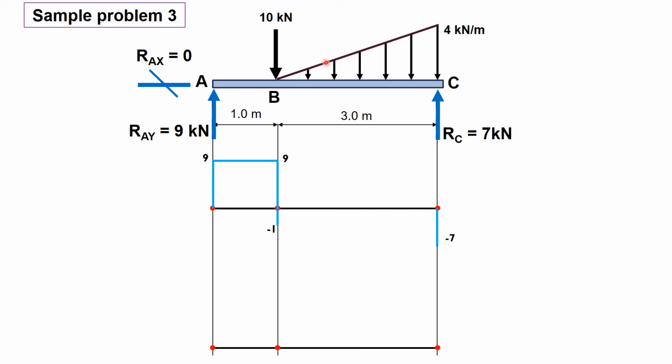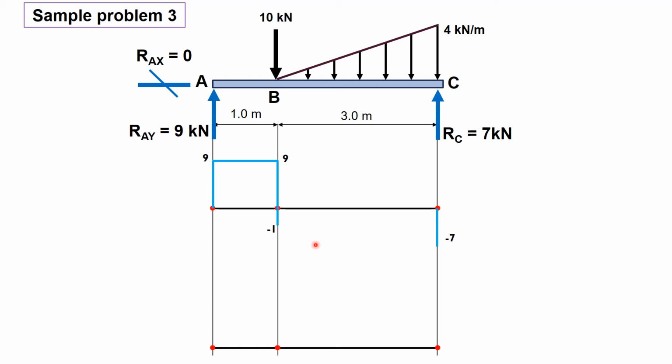Kasi dito pag tiningnan mo, dahil ito ay uniformly varying or naka-incline ito, so 1 degree na ito. Kaya pagbaba mo dito, second degree yung line, or it is already a curved line. Pero, kahit alam mo na ito ay second degree or curved line, ano naman yung concavity nito? Ito ba ay concave upward or concave downward?